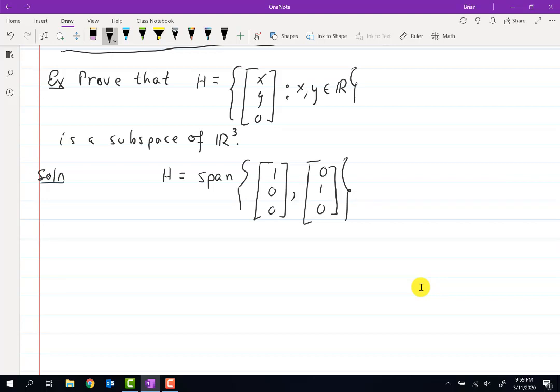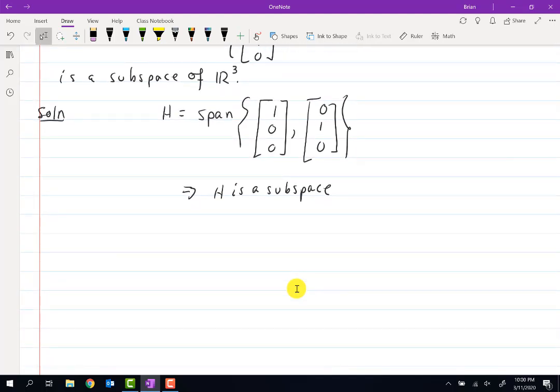Now, we can see that it is generated by two vectors, so that immediately means that H is a subspace. By the way, if you wanted to know what exactly H looks like, H is kind of like R squared, but it's embedded in R3.